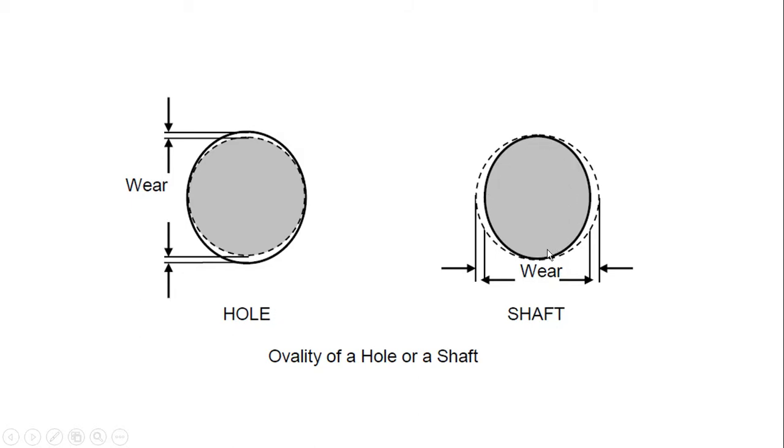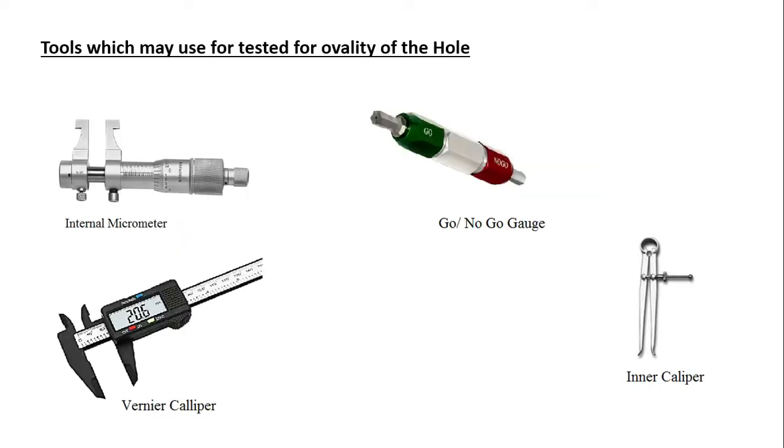Again, the difference between the normal and today's condition, the abnormal condition, is the wear, right? So these are a couple of instruments which we use to check the ovality of the hole, right?